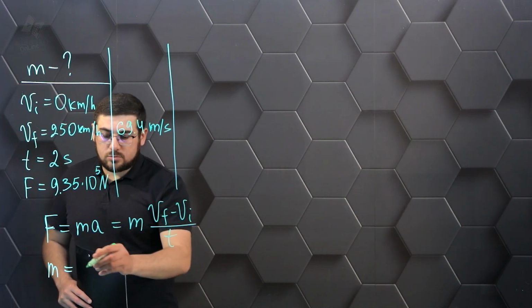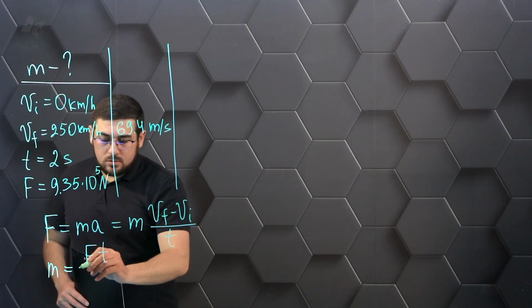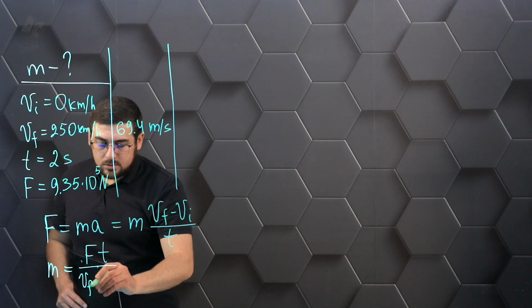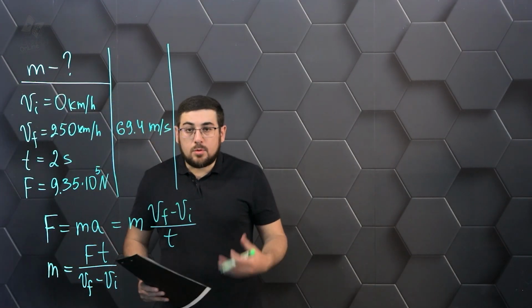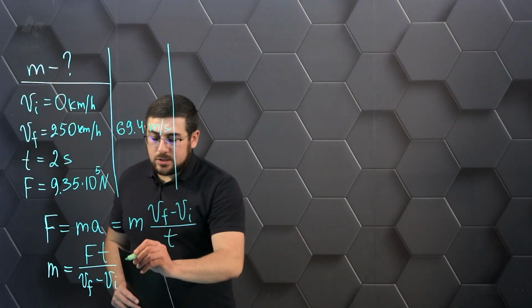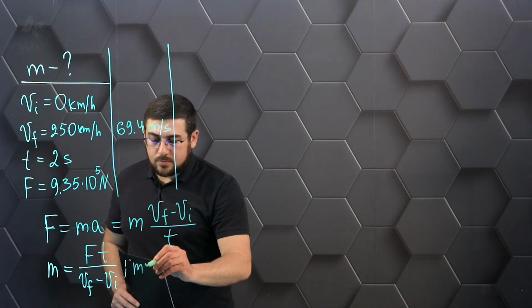To do that, we multiply the force by the time and divide by the difference between the final and initial velocity. So we've got the final formula. Now our job is to put in the numerical values.